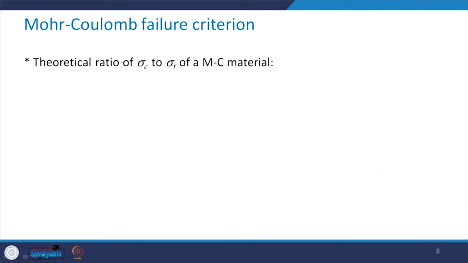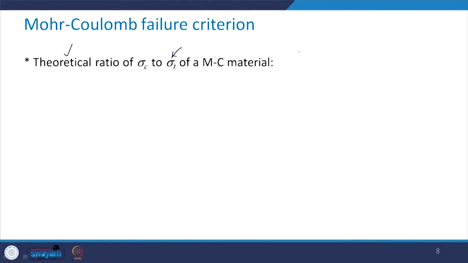Now what is going to be the theoretical ratio of sigma c to sigma t? Why am I saying theoretical? Because this sigma t is what we are getting from a theoretical uniaxial tensile strength test.